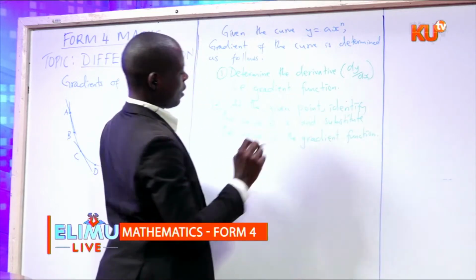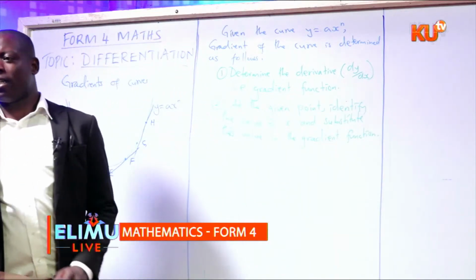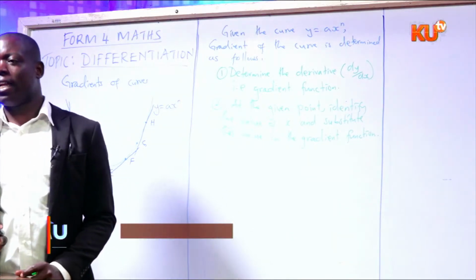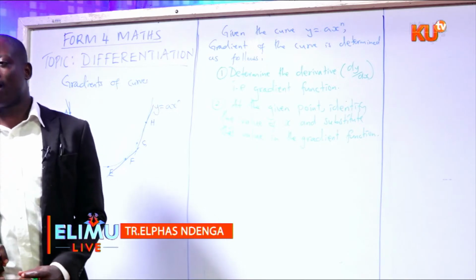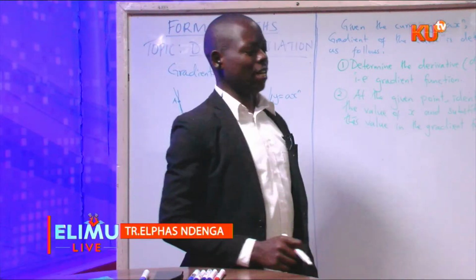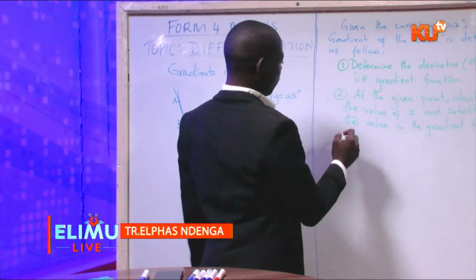Therefore, step number 2 will be determine the value of x at the given point and substitute it in the gradient function to obtain now the gradient.